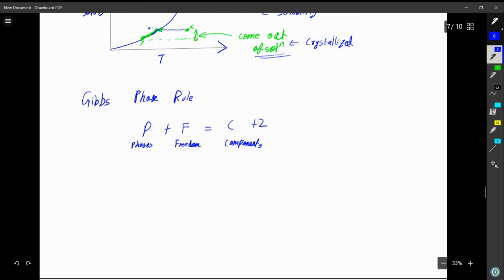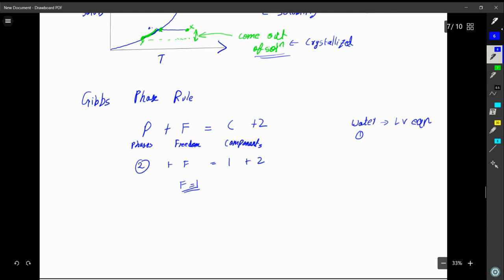Let's say you have water, only one component, and liquid and vapor in equilibrium. The number of phases is 2, the number of degrees of freedom I don't know, components 1 plus 2, which gives me F equals 1.